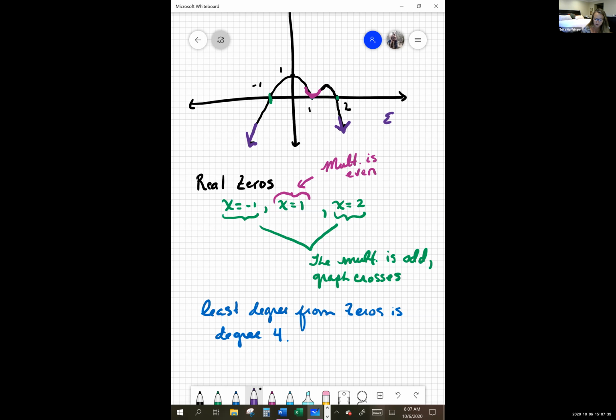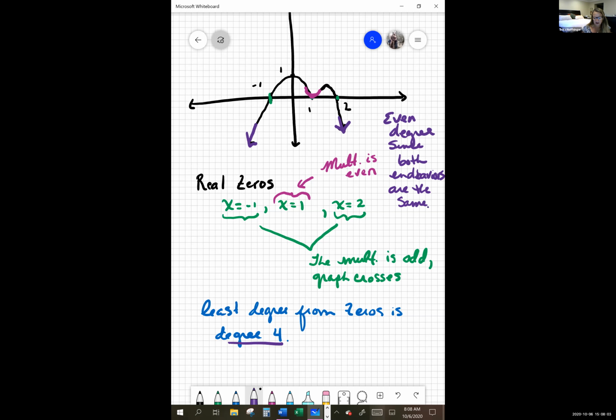So even degree, since both end behaviors are the same. So that works so far with degree 4.